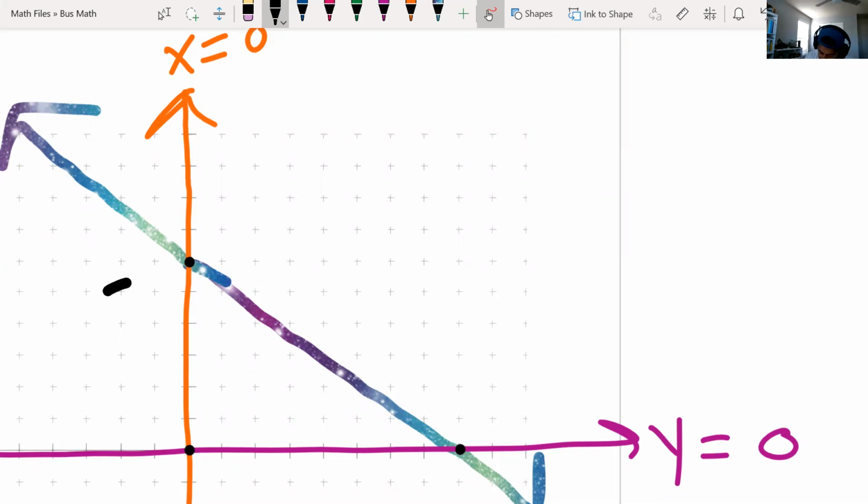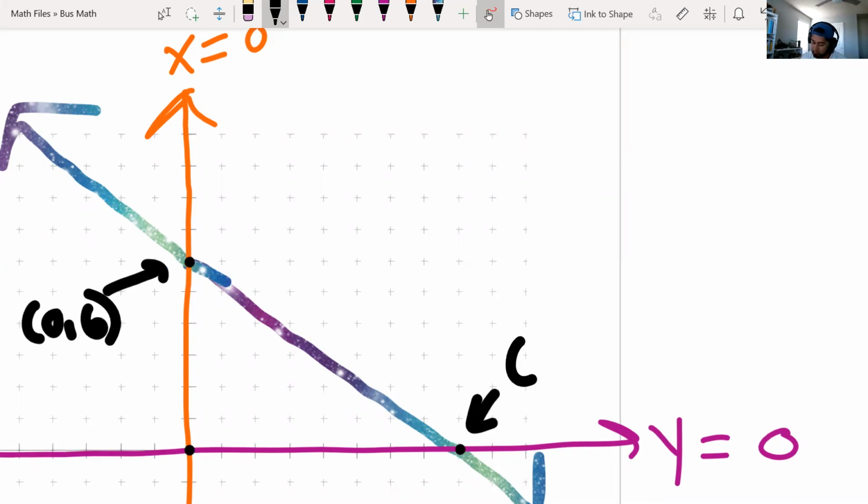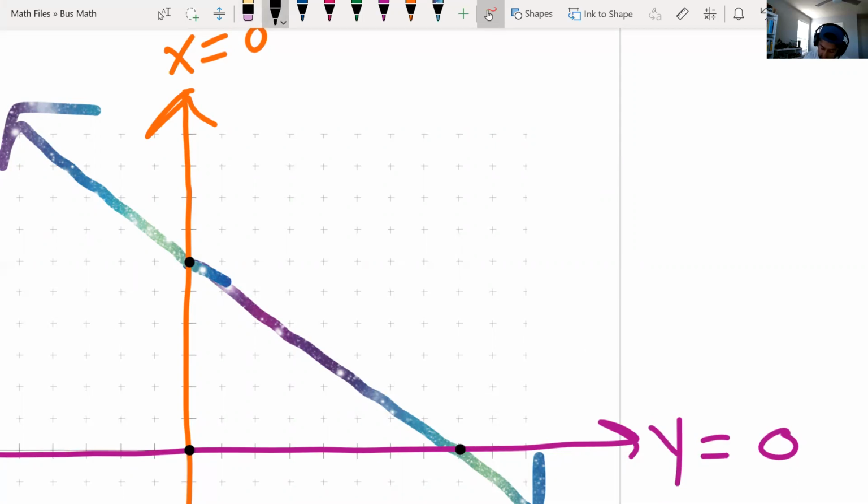So this is, it's big, but it works. 0, 6, 8, 0. Well, maybe I should write smaller. So this is 0, 6, 8, 0.